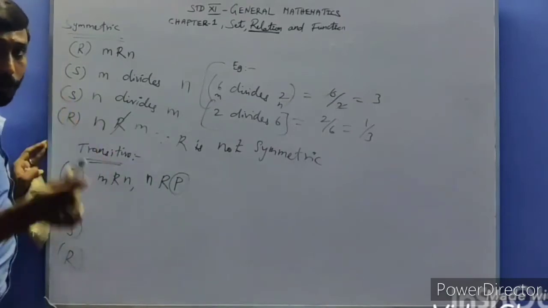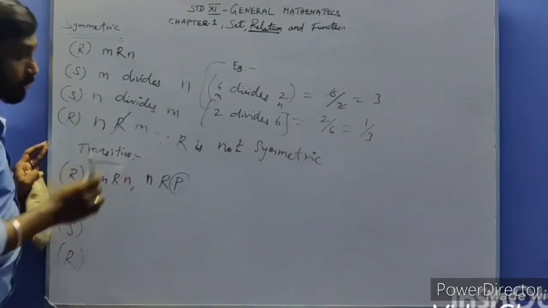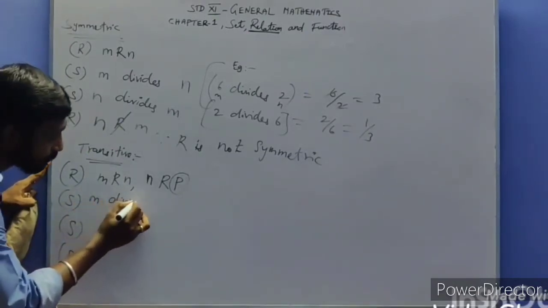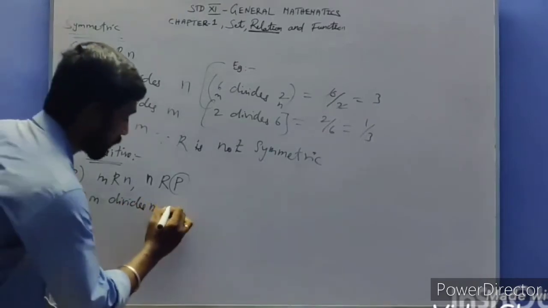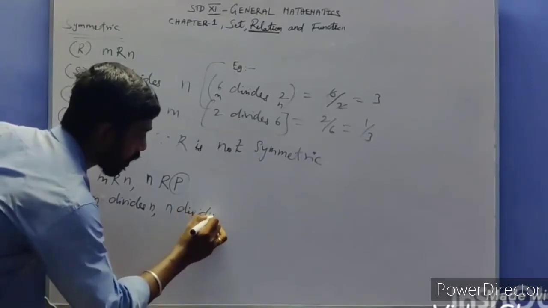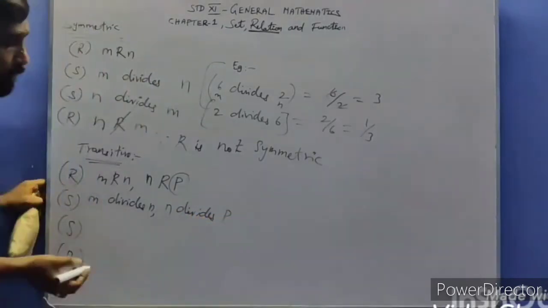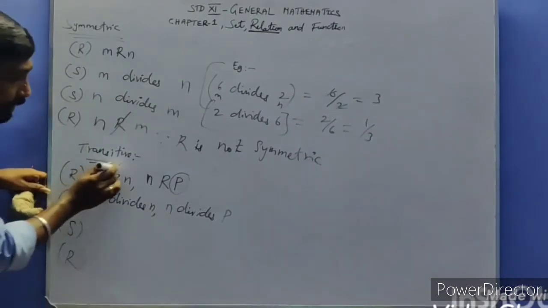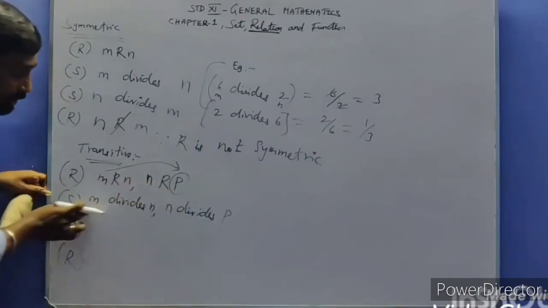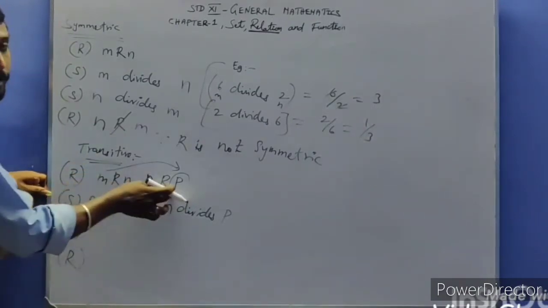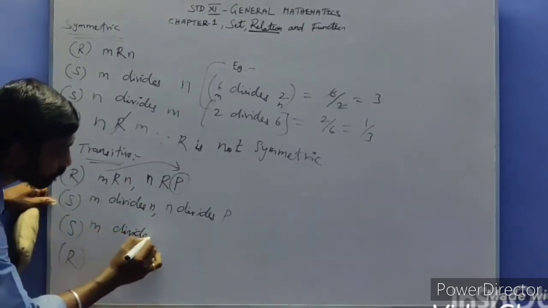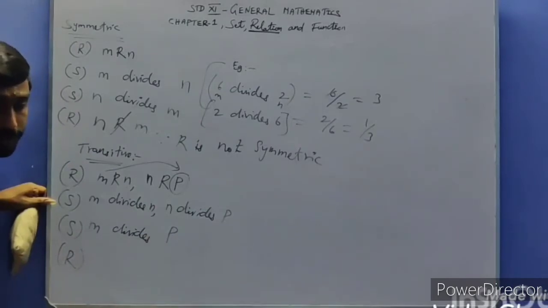Because transitive, as I already told you, has one third person entered here, next you have to write the statement. M divides n, then n divides p. That is the first statement. The next statement: m related to the third person, m divides p.